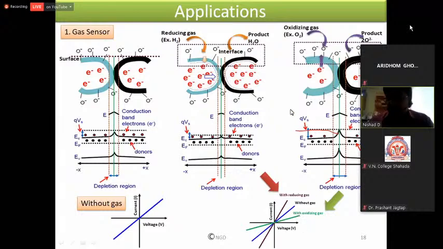So now what I want to tell you from this application is how important the surface is, because the surface and interface are very important for me. If I know how to control this surface and interface, that means I'm going to control the exact output of my device. This comes down to various applications.